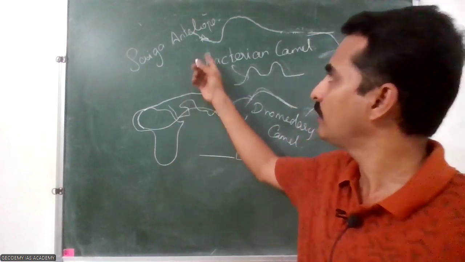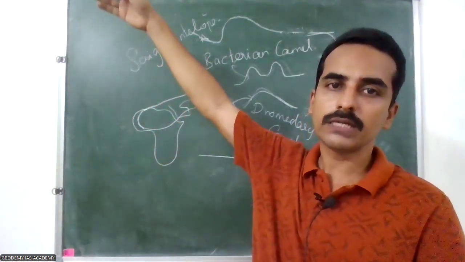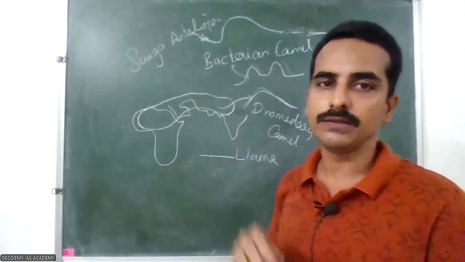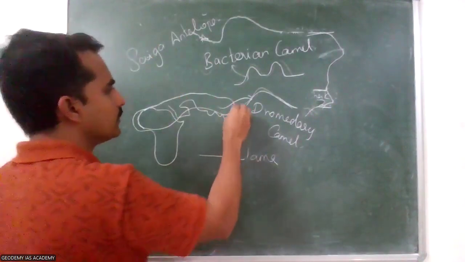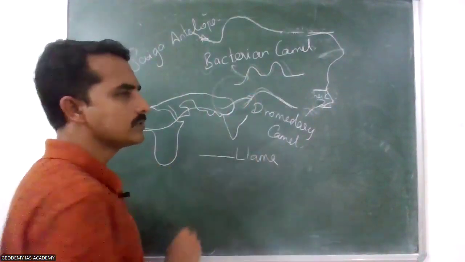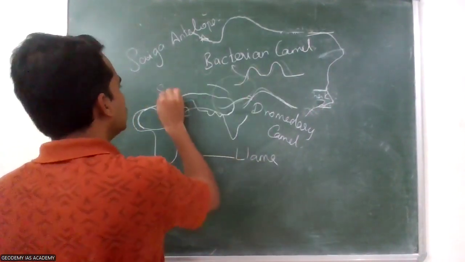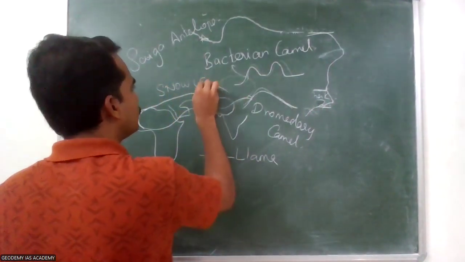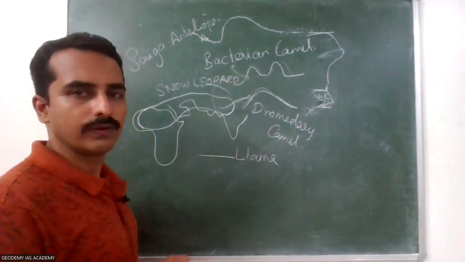Okay, so the Saiga antelope lives in the steppe climatic region from the Caucasus and Carpathian mountains to the Central Asian part up to Mongolia. Okay, and then the snow leopard in this part near the Hindu Kush, Tibet, Tajikistan, Kyrgyzstan, in this region the snow leopard is found. Okay, snow leopard, it is an important species.